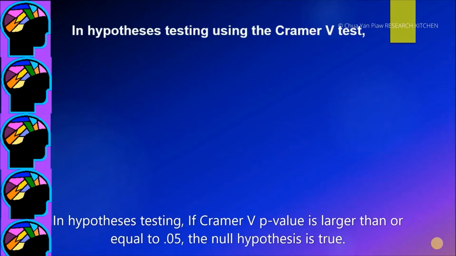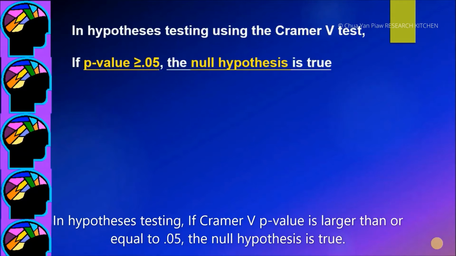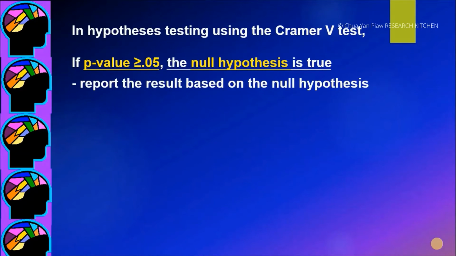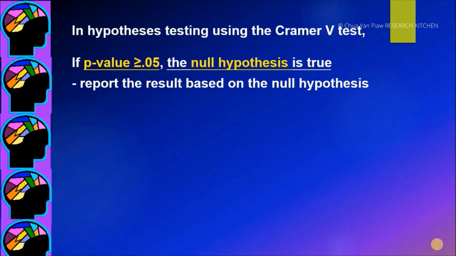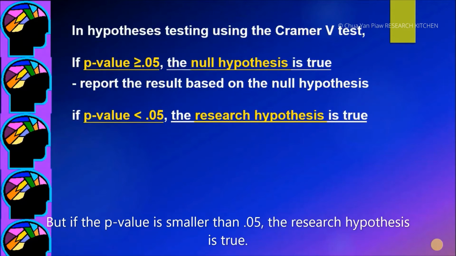In hypothesis testing, if Cramer V p-value is larger than or equal to 0.05, the null hypothesis is true. We will report the result based on the null hypothesis. But if the p-value is smaller than 0.05, the research hypothesis is true.